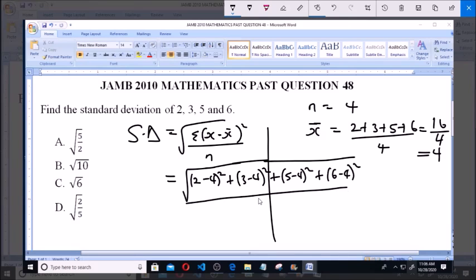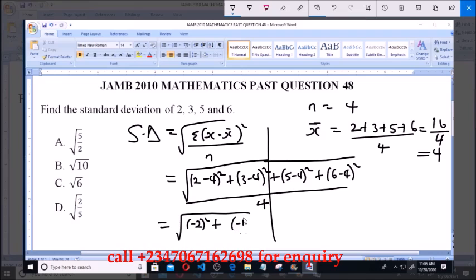Everything over 4, which is n. So now this is equal to the square root of, now 2 minus 4 will give me what? Minus 2 squared plus minus 1 squared plus 1 squared plus 2 squared, all over 4.